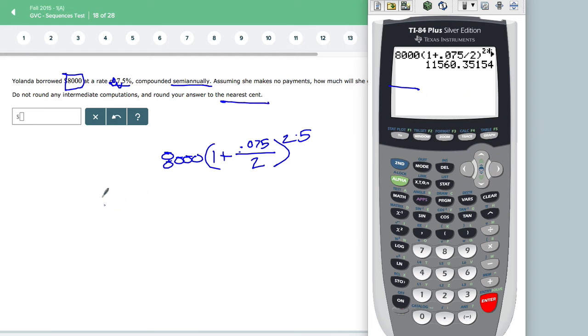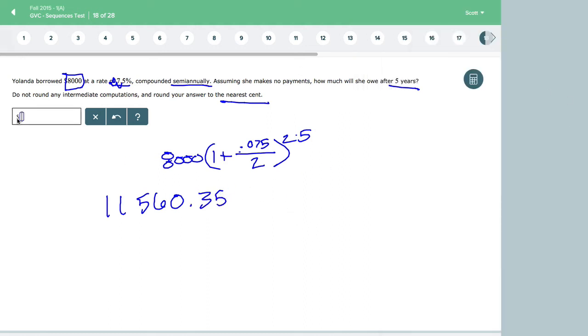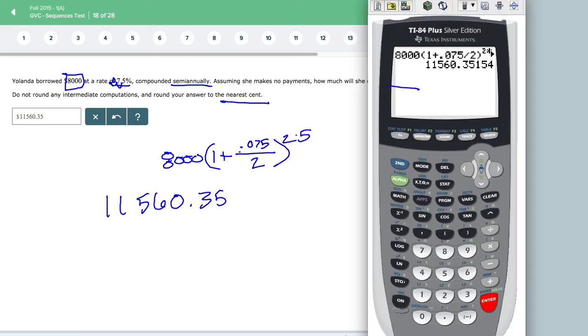So we take our total, 11,560.35, and that's what goes in here, 11,560.35. Now I just need to make sure I paid attention to my rounding. Yeah, that's a 1, so we're rounding down, so I got it right.